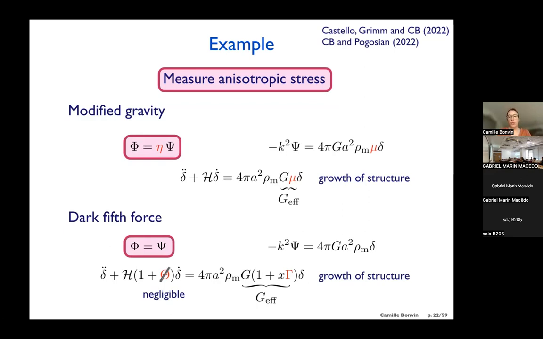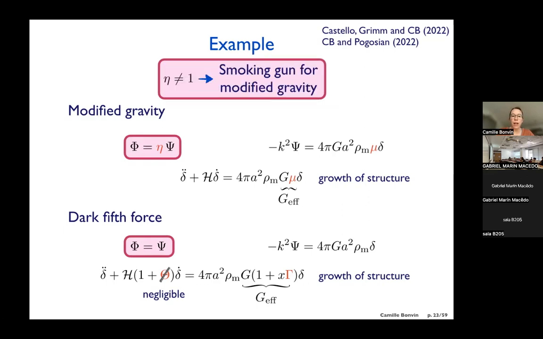And so the proposition was to measure this anisotropic stress, the relation between the two, and from that, to distinguish between these two types of scenario. In particular, if we would measure an eta different from one, this would be a smoking gun for modified gravity.